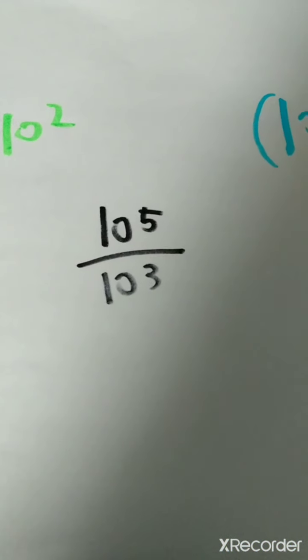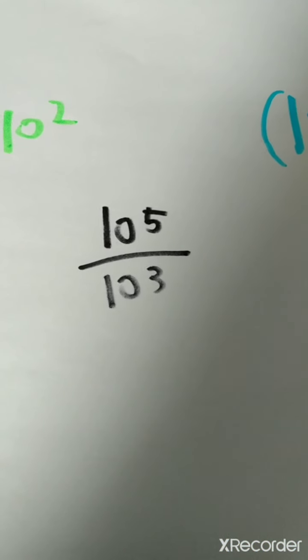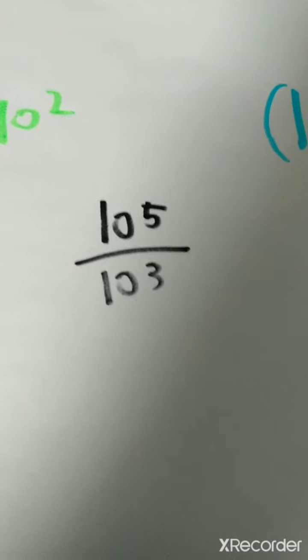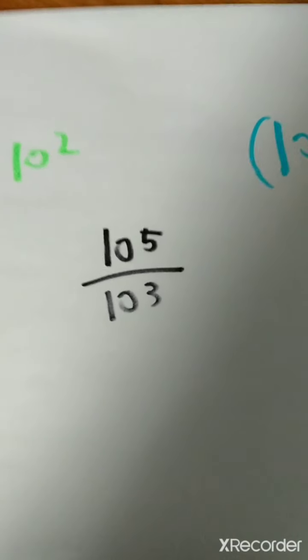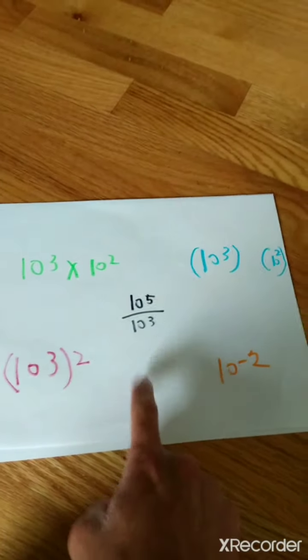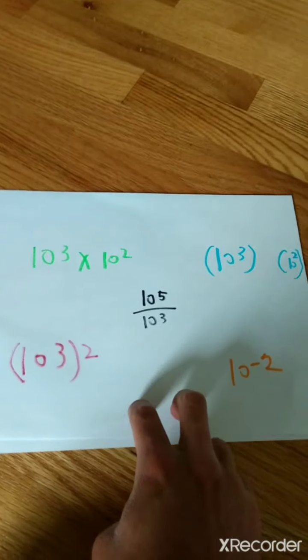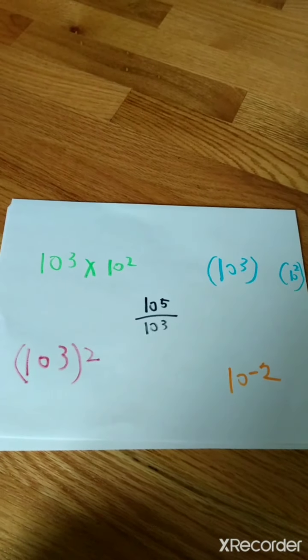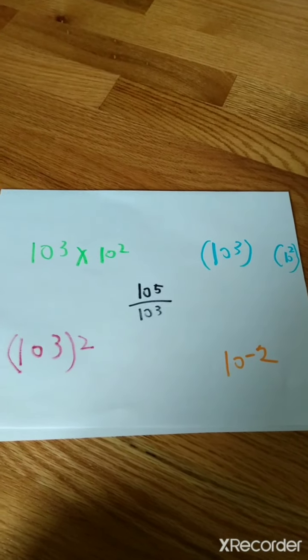And last but not least, 10 to the power of 5 divided by 10 to the power of 3. So we're going to be experimenting with these because they're going to be common when you do these types of problems.